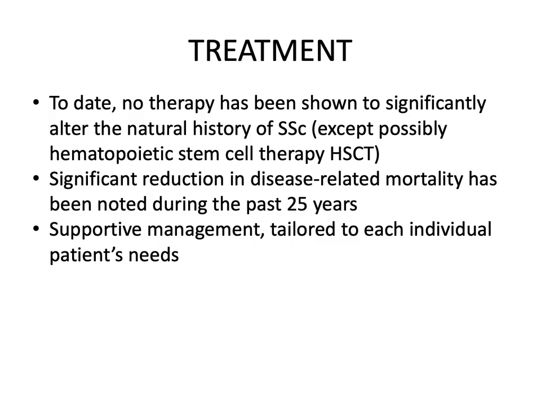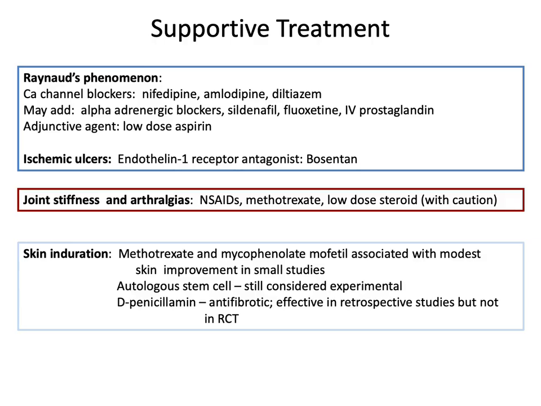Optimal management should incorporate the following principles: prompt and accurate diagnosis and early recognition of organ-based complications, and regular monitoring of disease progression, activity, new complications, as well as response to therapy.